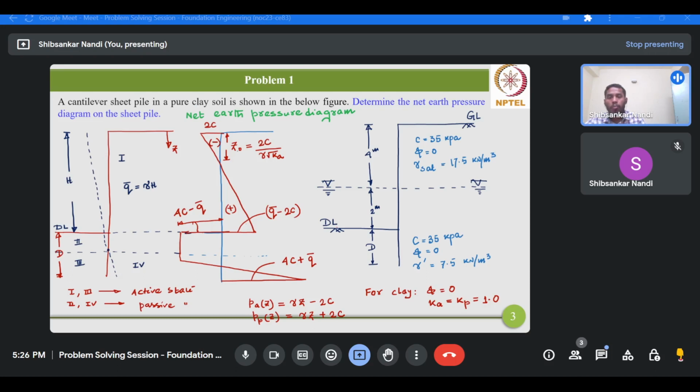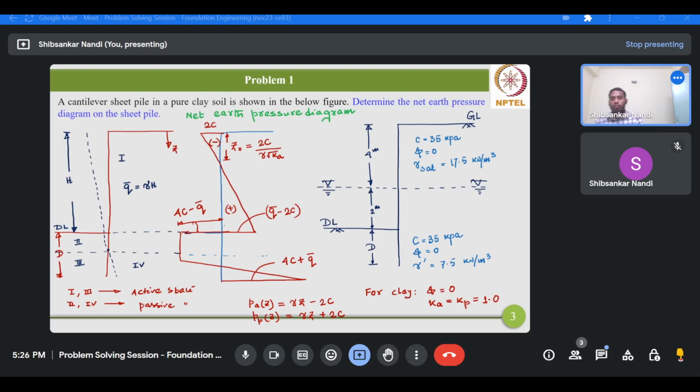Then at a depth of z0 equals 2c by gamma root k, you will be having the net earth pressure exactly 0. Then it will have some positive value, and at the dredge level in region 1, it will have a value of q bar minus 2c.